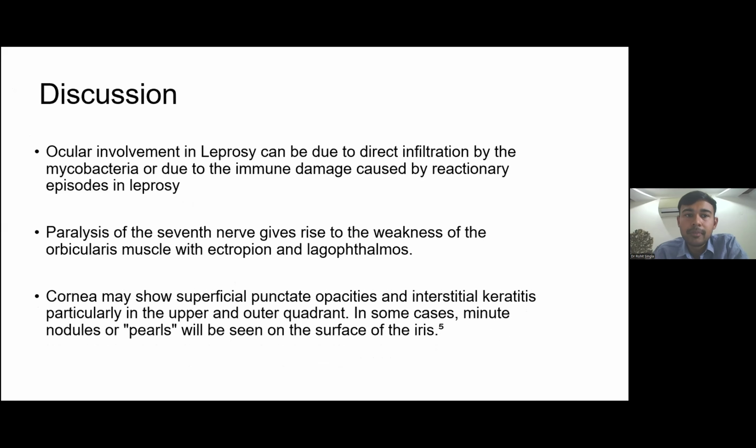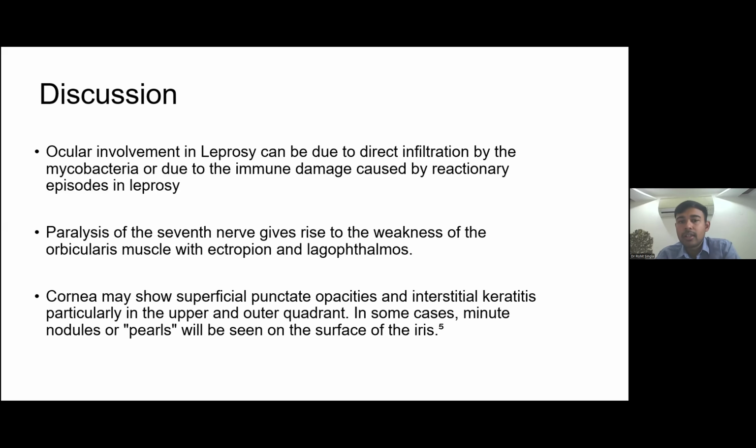Moving on to discussion. Ocular involvement in leprosy can be due to 2 factors: either direct infiltration by Mycobacterium leprae or the immunological changes which happen in reactionary episodes. Paralysis of the facial nerve, or seventh nerve, can give rise to weakness of the orbicularis muscle, leading to lagophthalmos as well as ectropion.